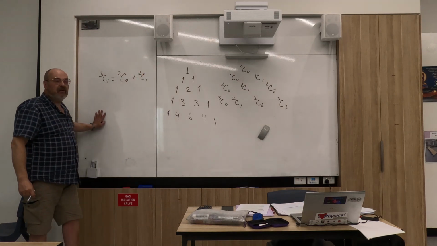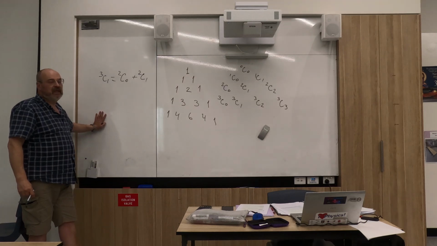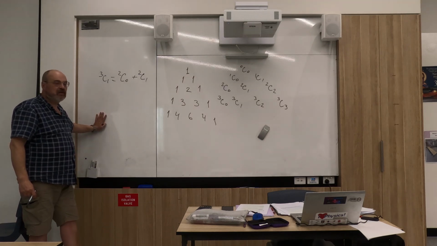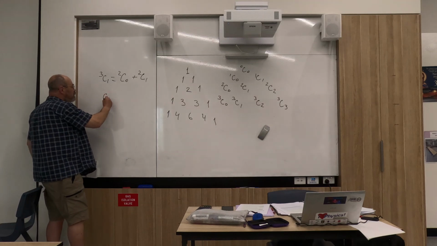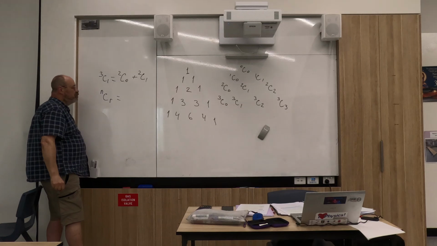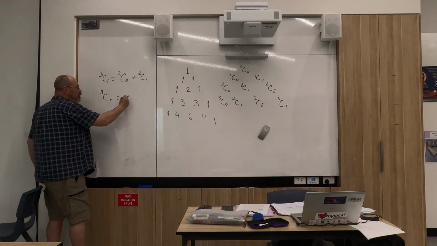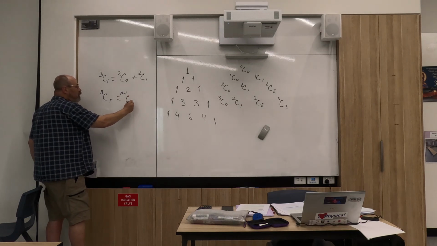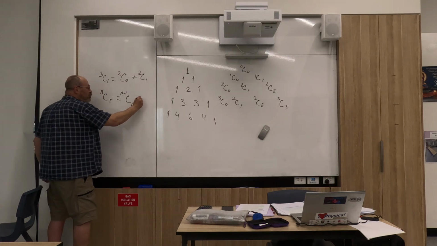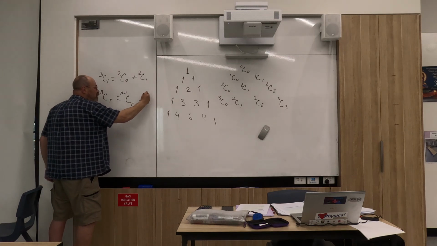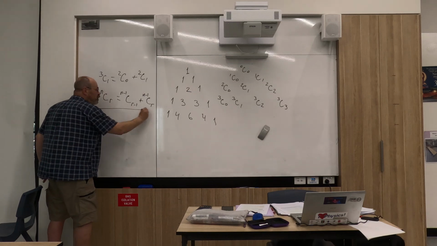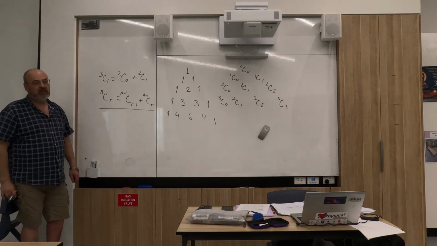Can we see the pattern and write a general rule? Yes. C(n,r) equals C(n-1,r-1) plus C(n-1,r). This is the property of the combinations.